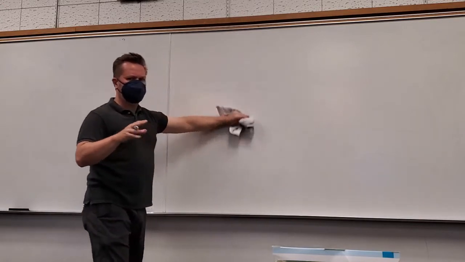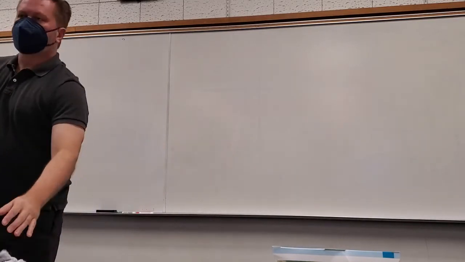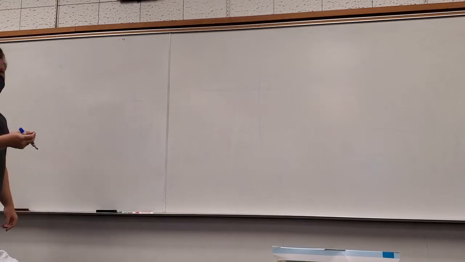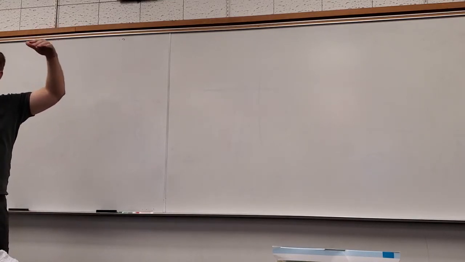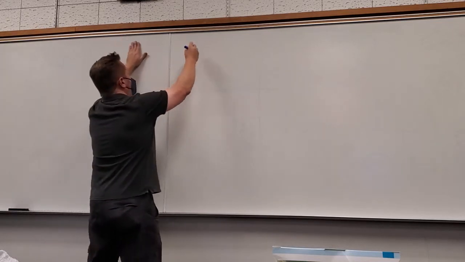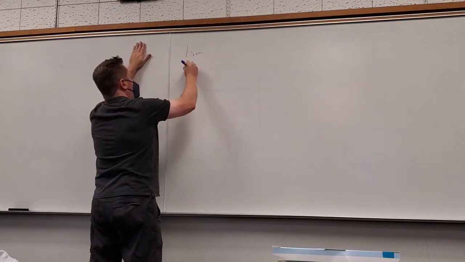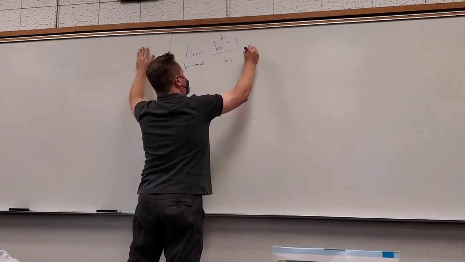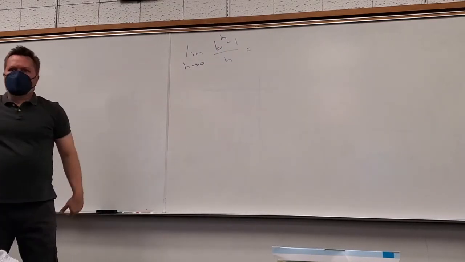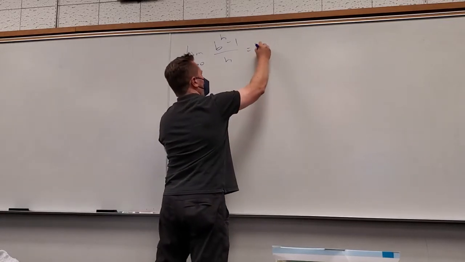Again, we haven't proven this, but if we did multiple ones, it would keep bolstering the evidence that this is true. So right now, what would you say this expression is equal to? Natural log of b.